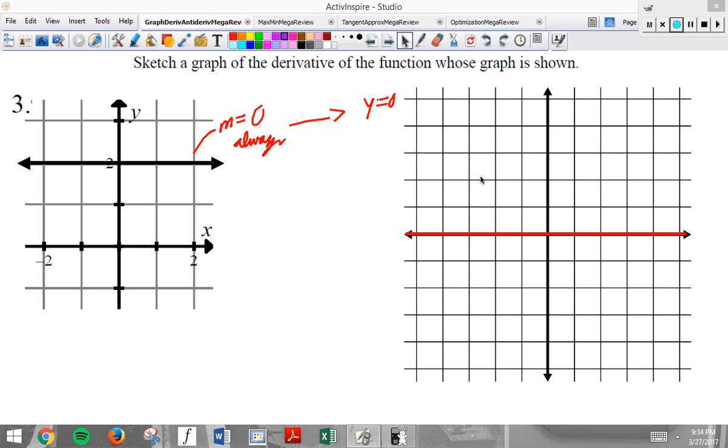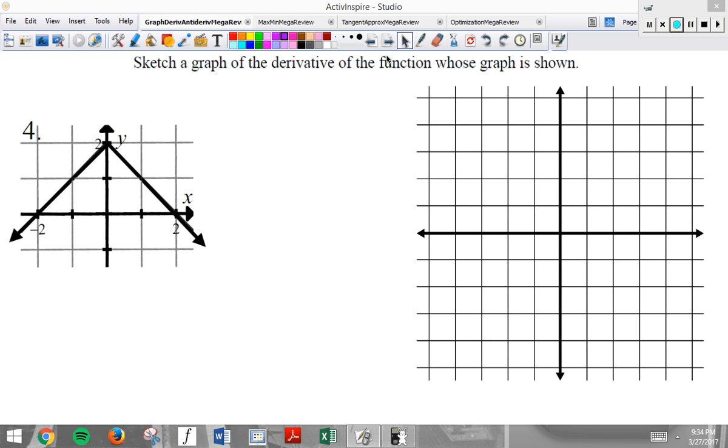Done. It's just a horizontal line at y equals 0. Next. What's going on here? Try it out. 3, 2, 1. The slope on this side is 1. -1.